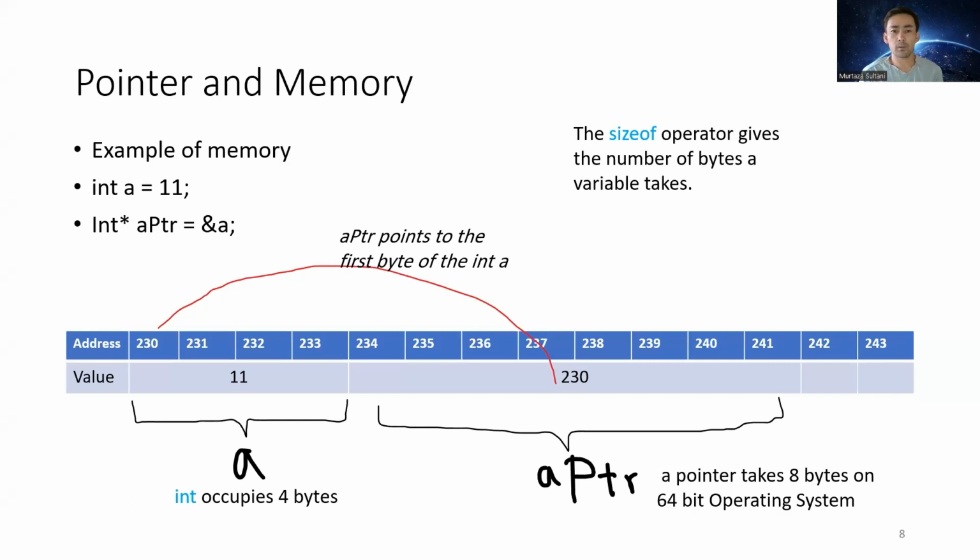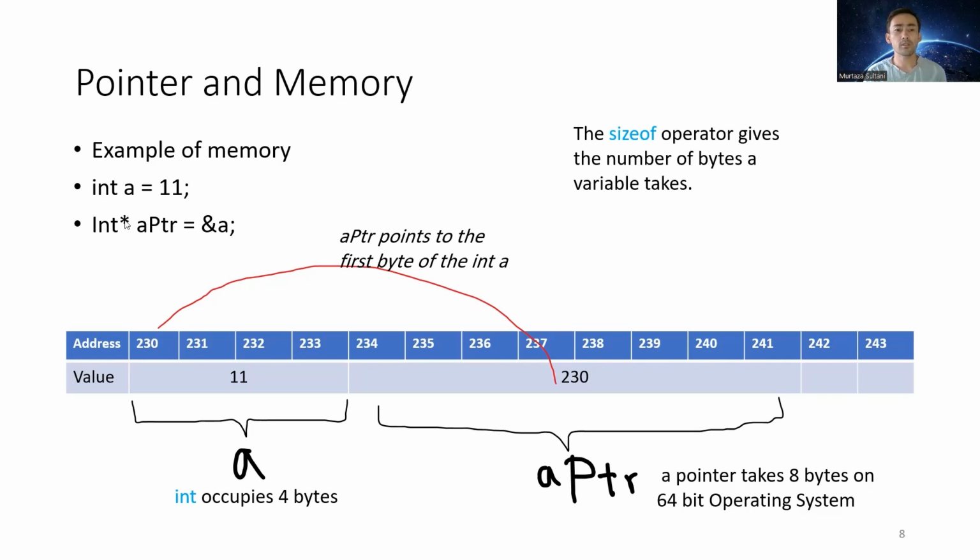This is an example of the memory. For example, we have slots in the memory, like 220, 131, 32, 33, the same as the address of houses in a street.